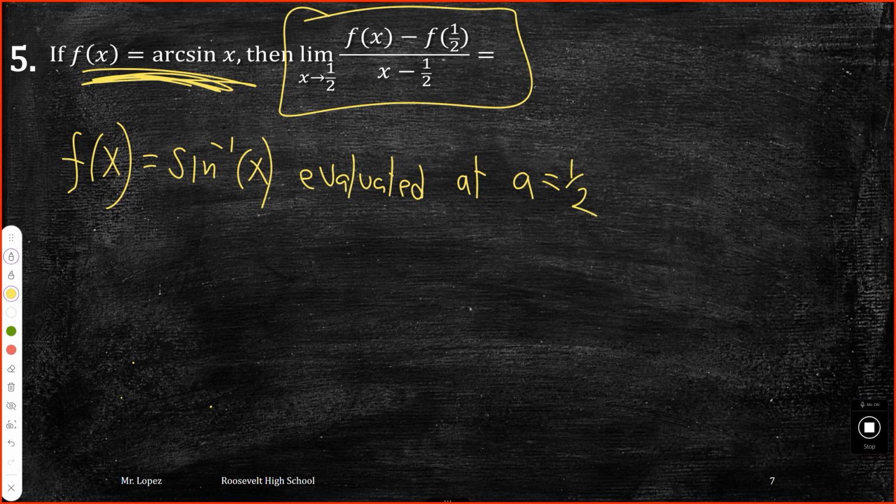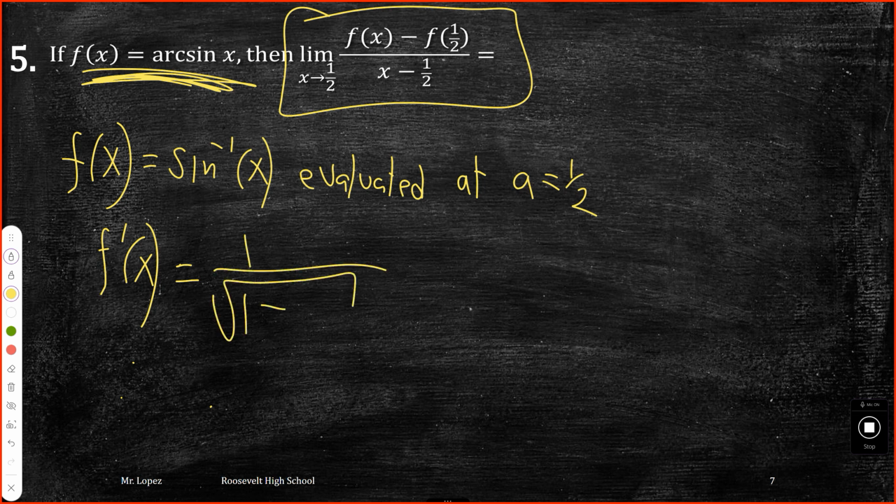So just take the derivative of f of x, f prime of x. F prime of x is, now I can't mess it up, 1 over square root of 1 minus x squared.